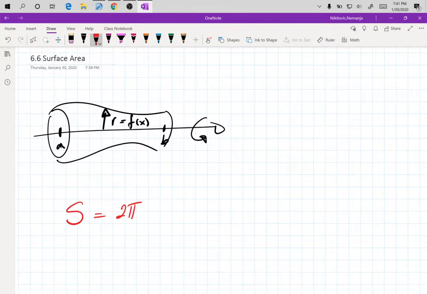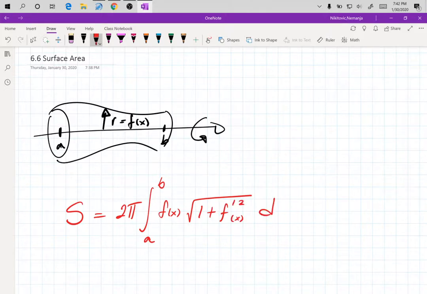We have a rotation, so it's going to be 2 pi. And then we have our a and b on the integral, which are our limits as always. And now, inside the integral, we have f of x times the square root of 1 plus f prime squared of x dx. So you can see already the length of curve playing a role in here.